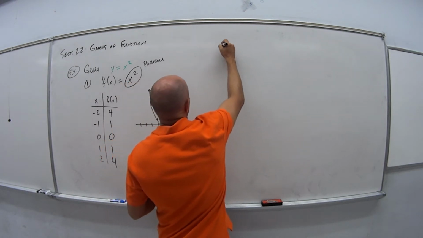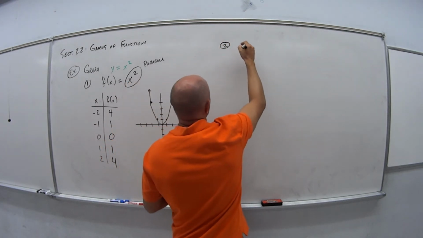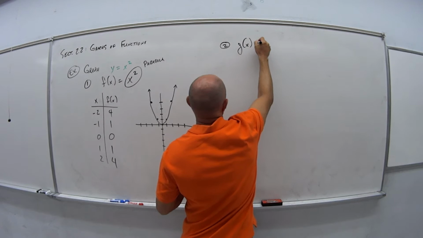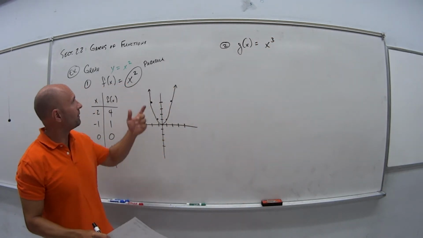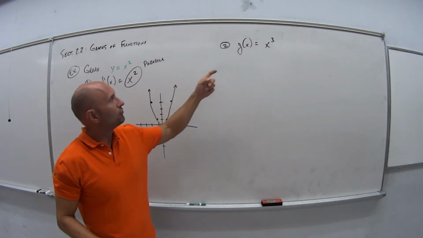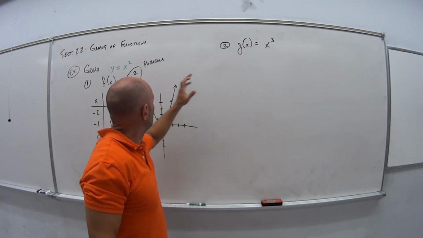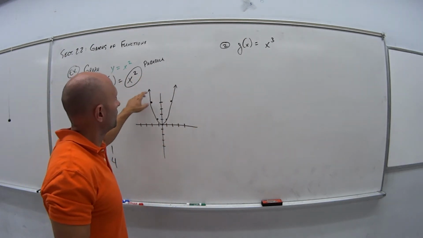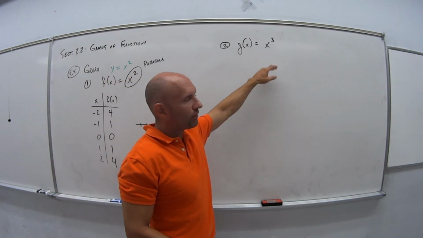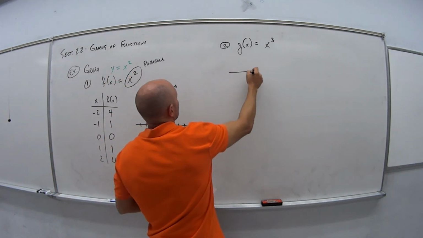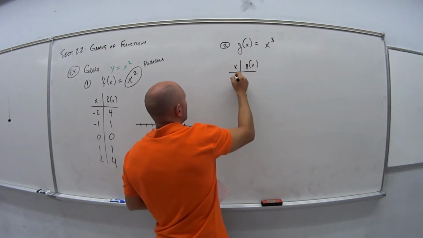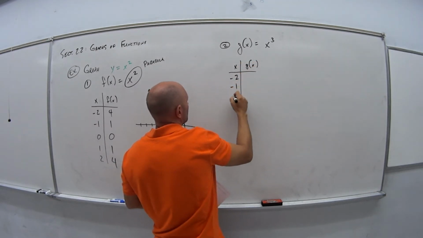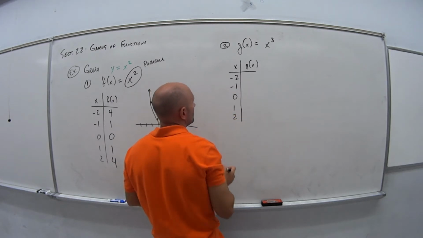The second graph I want to look at, the second basic one, let's call it g of x is equal to x to the third. So remember, the f here is just the function name. So function f is x squared. Function g is x to the third. Again, if I build a table, x and g of x, let's do negative 2, negative 1, 0, 1, 2.